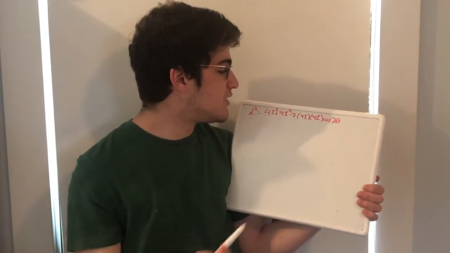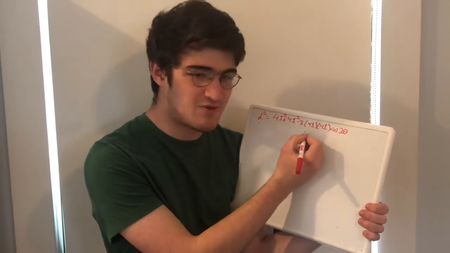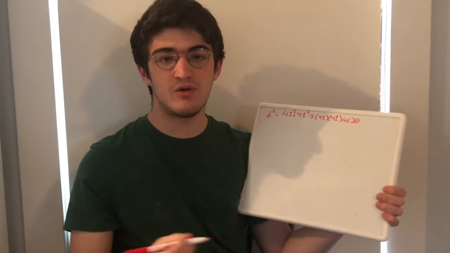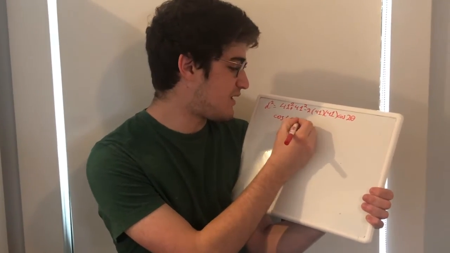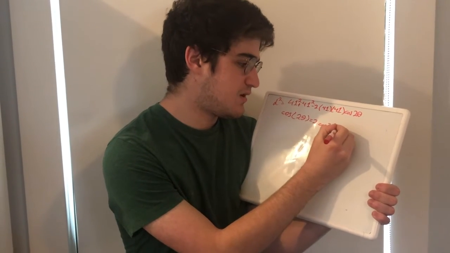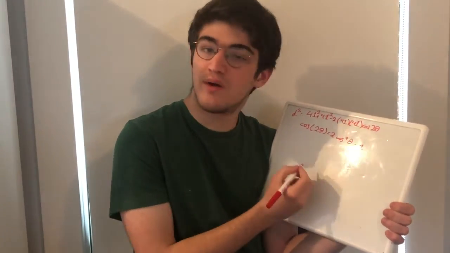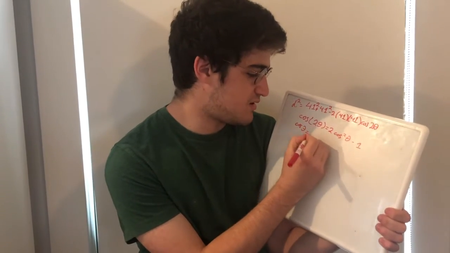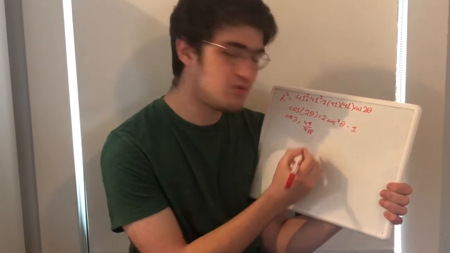Now it's time to actually solve for the exact value of D squared. Well, we already know that D squared equals 41 squared plus 41 squared minus 2 times 41 times 41 times cosine of 2 theta. And what is cosine of 2 theta? Well, you may know from your favorite trig identities that cosine of 2 theta is equal to 2 cosine squared theta minus 1. We're lucky here because we actually know what cosine squared of theta is. Remember that cosine of theta is just 49 over 41 over 2.